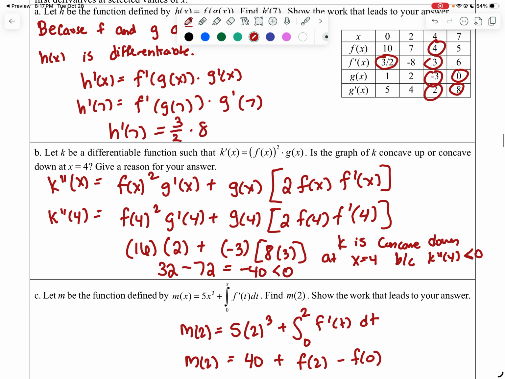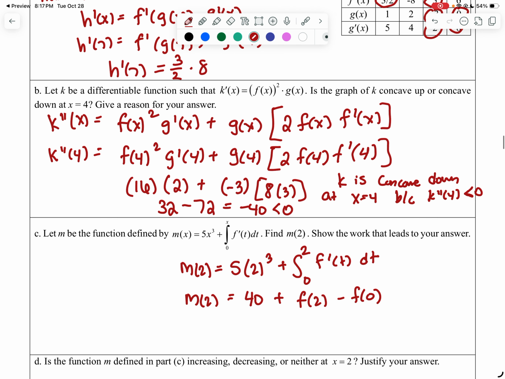F of 2 is 7. F of 0 is 10. So we have 40 plus 7 minus 10. You want to keep it like that? That's fine. If you want to simplify this and get 37, that's also fine. Just make sure that you actually simplify this correctly, though.